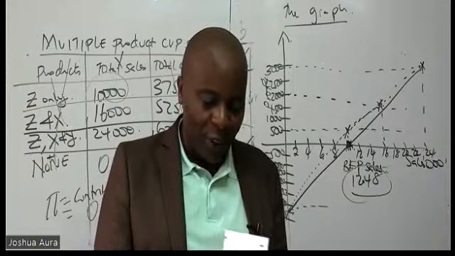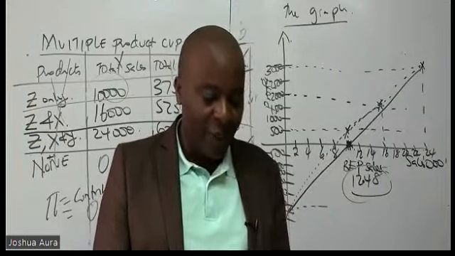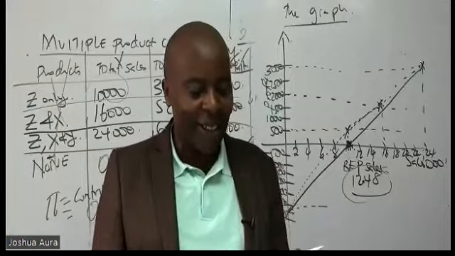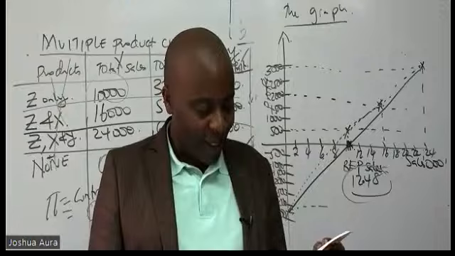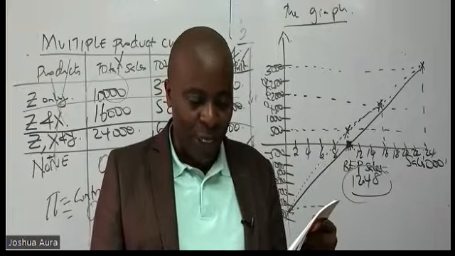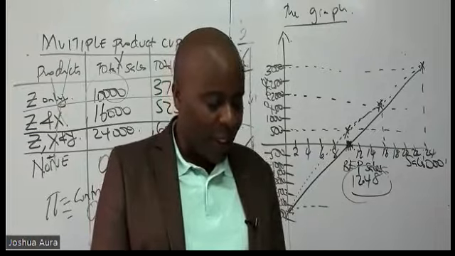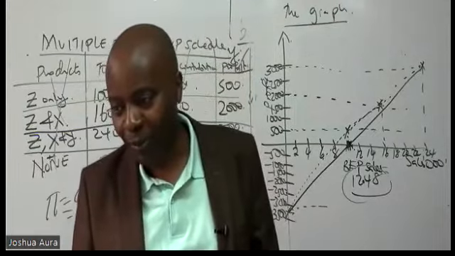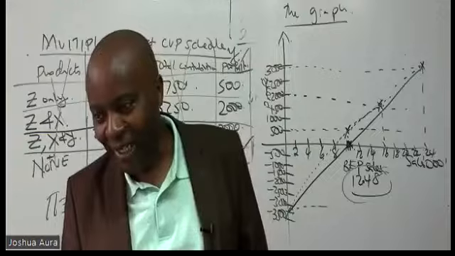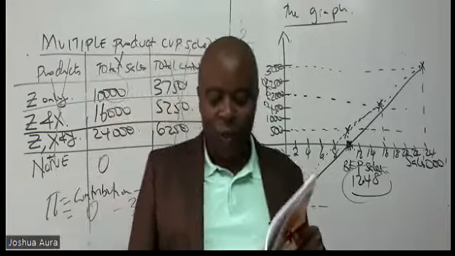I can leave you guys to go and look at it later. It is here. But chances are most of you will not be having this question. It's December 2013 question number 2.